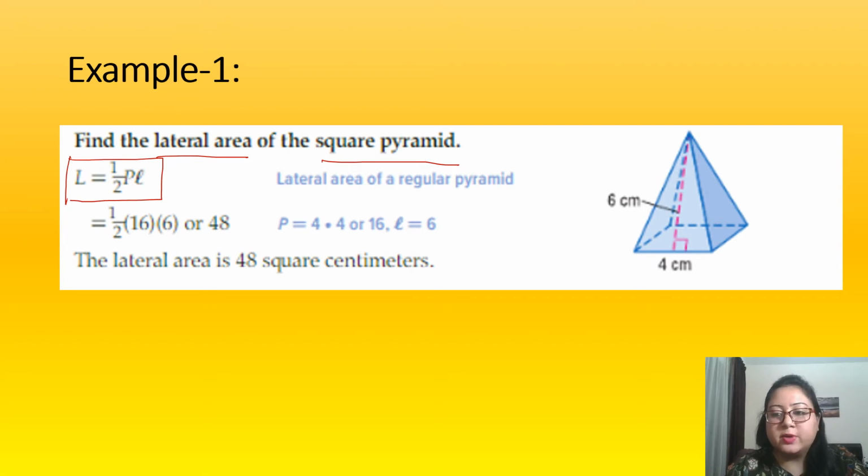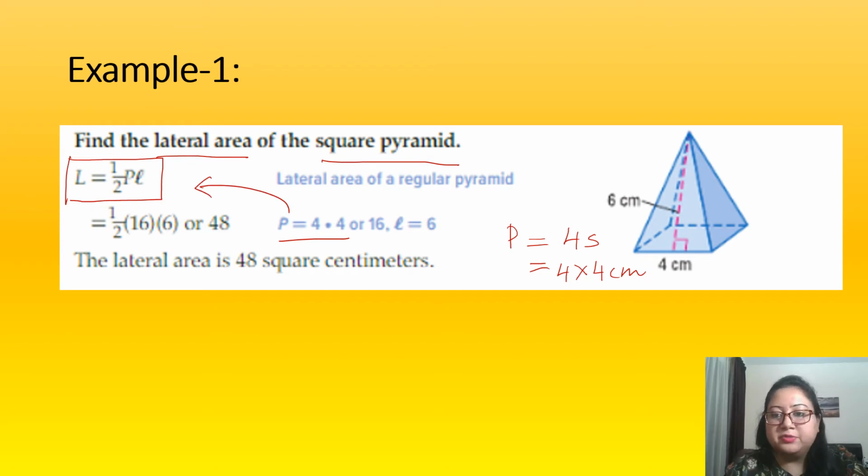And to answer this question correctly, we need two things. One is the perimeter of the base, so the perimeter of the square, and that can be easily calculated because each side of the square is equal and one side is given. So the perimeter is going to be 4 times side, so 4 times 4 centimeters, so it is going to be 16 centimeters. That is what we are going to be substituting here in the formula.